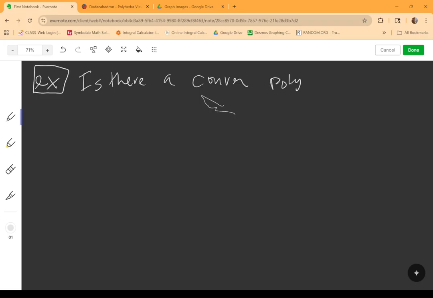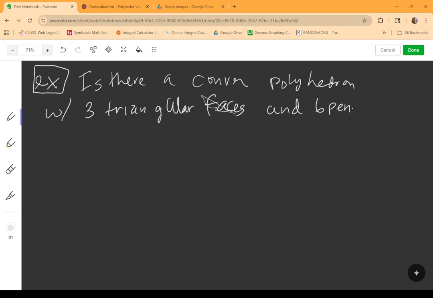So let's say the question is: is there a convex polyhedron with 3 triangular and 6 pentagonal faces? Okay.